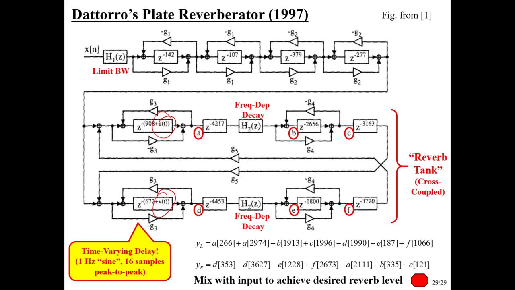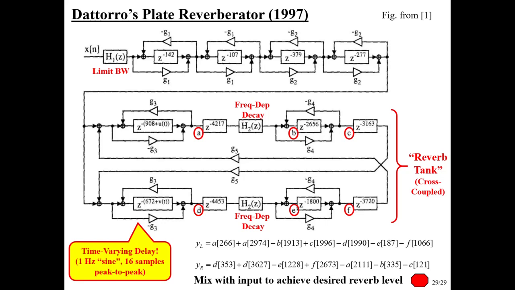It tells you that it's a 1 hertz sine wave sweeping 16 samples peak to peak. So just a little bit of shimmer on that, and maybe that's capturing the plate reverberator characteristics. As it bends, its distances change perhaps, and maybe that's why that's in there.